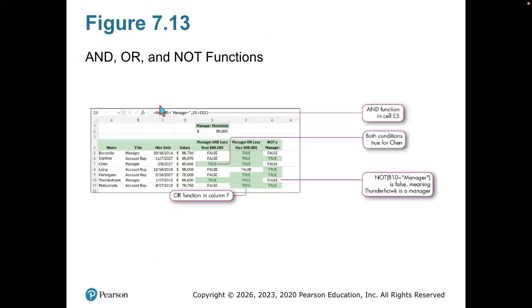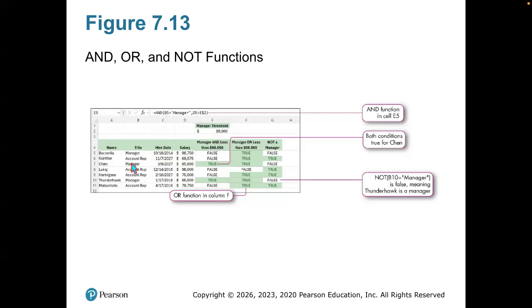So again, I can use the and condition. I can link these guys together, right? So this is just saying if first condition, B5 is equal to manager, and if D5 is less than E2. Okay, so we want to make sure that both of these conditions are true. If they are, this function will output true. If either of these is false though, then we're going to output as false. So we can clearly see, right?